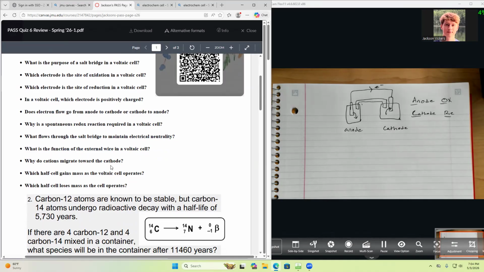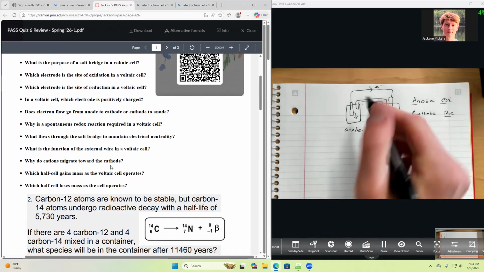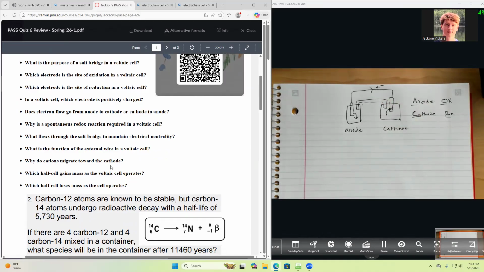Why do cations migrate towards the cathode? This is a good one. Does anyone want to give a guess why cations migrate towards the cathode? And again, this is talking about the salt bridge.